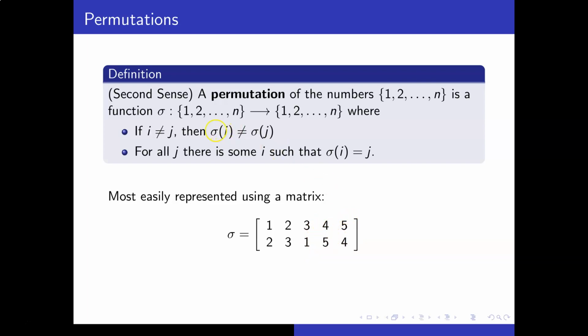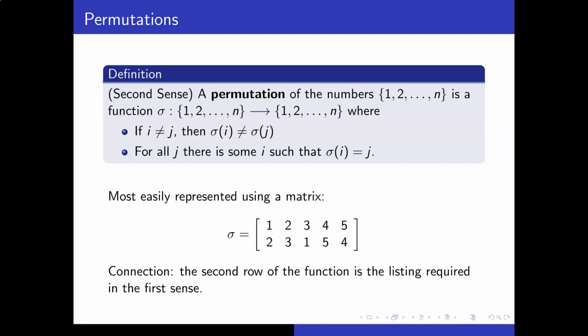Note, when i and j are not equal, then sigma of i is not equal to sigma of j. That means that in this second row, I can't have a repetition. For all j, there is some i such that sigma of i is equal to j. That means if I'm permuting the numbers 1 through n, the numbers 1 through n have to appear in this second row somehow.